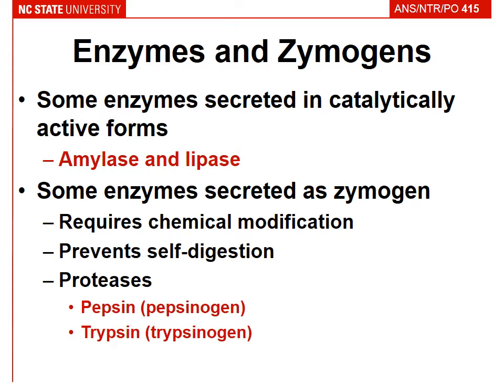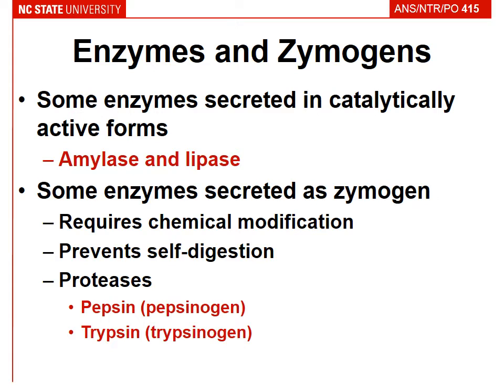However, many enzymes are secreted from the pancreas in the form of a zymogen. This requires chemical modification. The reason the body does this is that we need to prevent self-digestion. This is the majority of the enzymes that are in the form of zymogens. They are proteases, meaning that they are breaking down proteins.